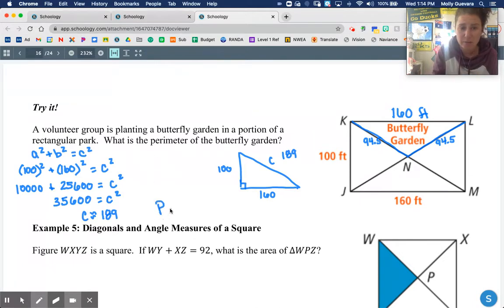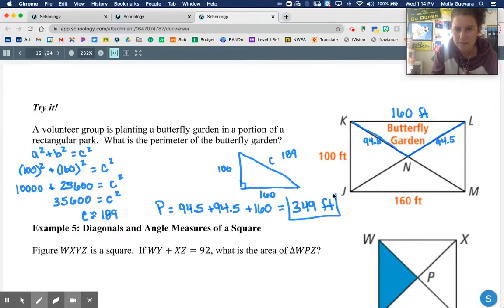So the perimeter is equal to 94.5 plus 94.5 plus 160. And I get 349. And then don't forget your units. So I'm just adding up all three sides of my triangle.